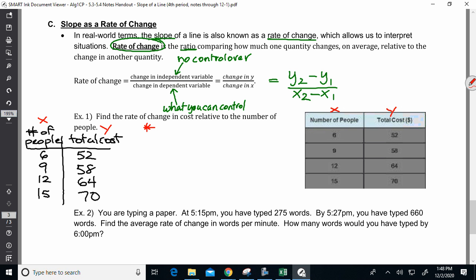For your table, you're going to pick 2 rows to do the rate of change. I'm going to pick the first row and the second row. Does it matter which 2 I pick? No. You should get the same answer anyway.